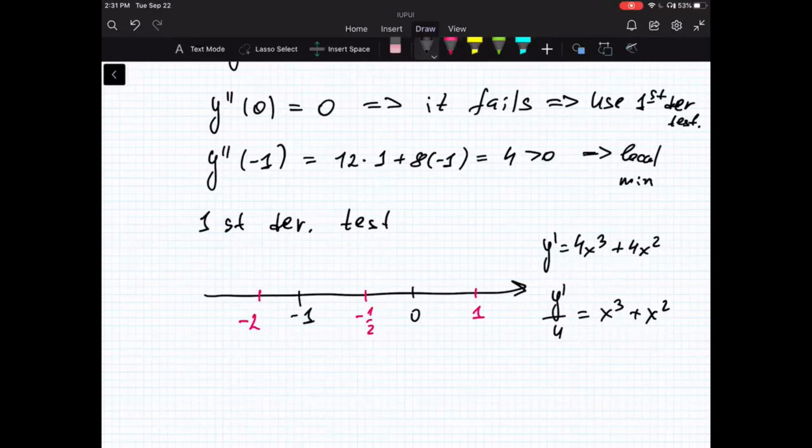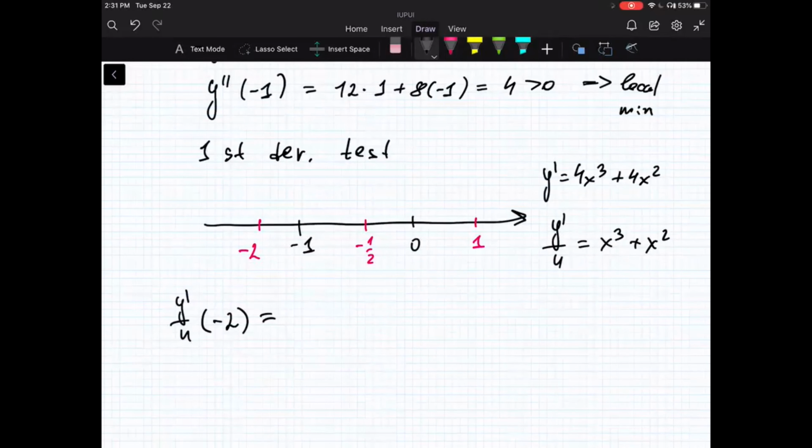So y prime over 4 at point minus 2 will be what? Maybe this I don't need, because I need to plug in minus 1/2 and there will be some nice way.